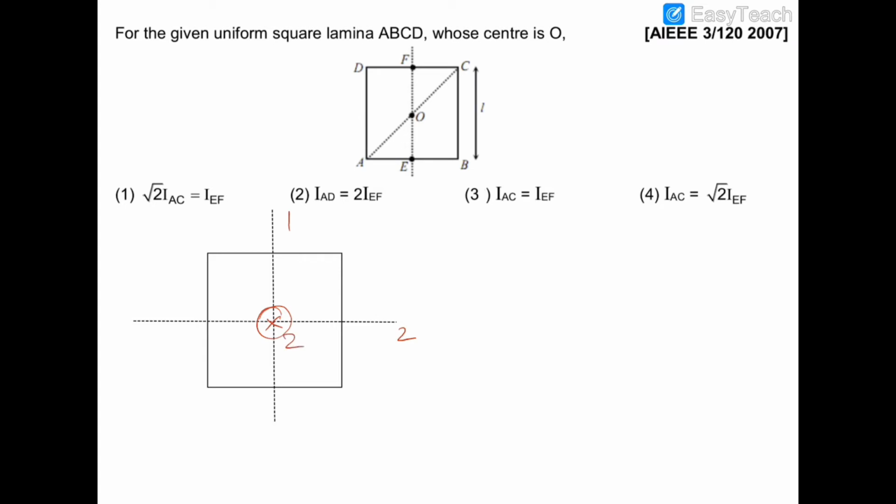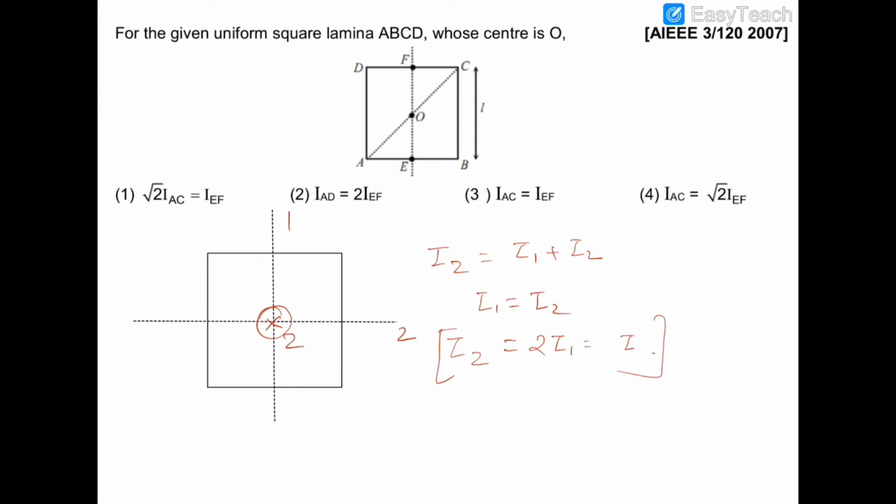So by the perpendicular axis theorem, IZ is equal to I1 plus I2, and by symmetry I1 and I2 are equal, because if we interchange I1 and I2 then it would not change the appearance of this square. So IZ can be equal to 2I1 or 2I2. This is the first important thing.